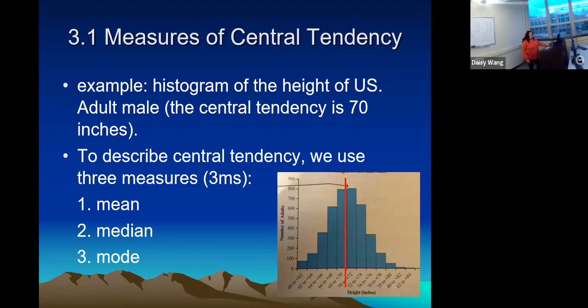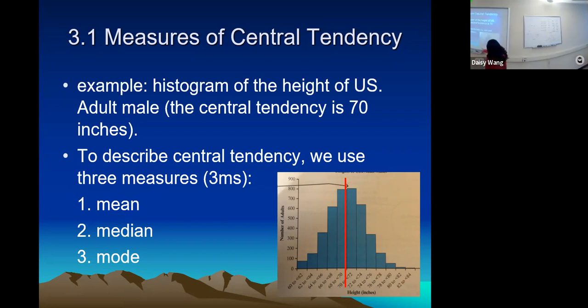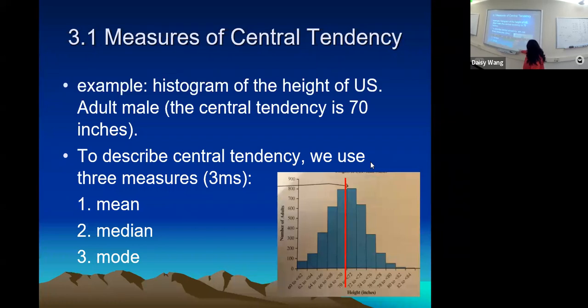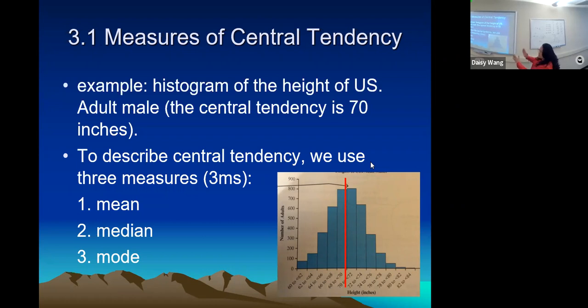An example here, we can look at the histogram. This is the height of US adult males. Someone is less than 60 to 62 inches, is it inches? Yes. 60 to 62 inches, 62 to 64, 64 to 66, and so on. This gives us the distribution.